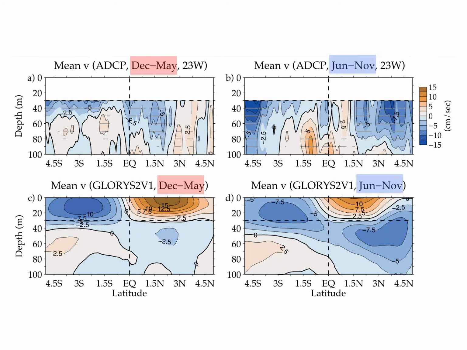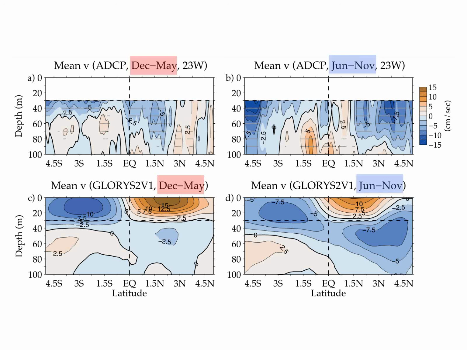Now we can look at the response below 30 meters in the ADCP data and in the model. And so what you see here is that the equatorward flow, the southward flow, becomes stronger in June to November. That's kind of what you would expect to happen, is that you expect the tropical cells to become stronger in June to November.